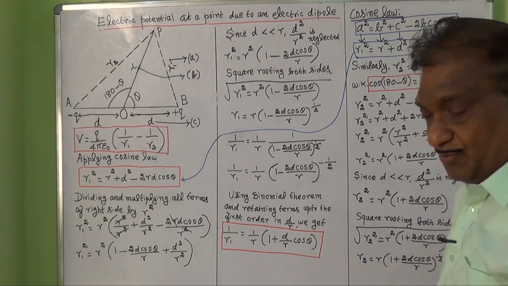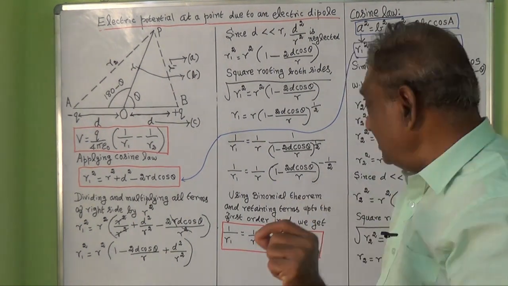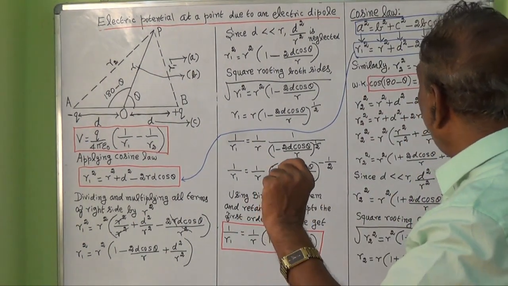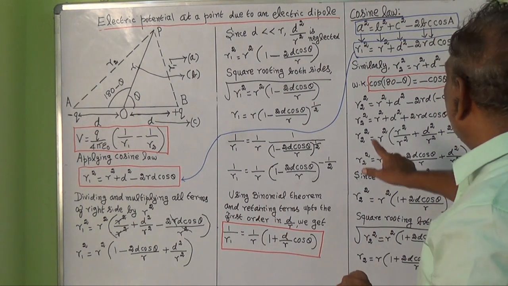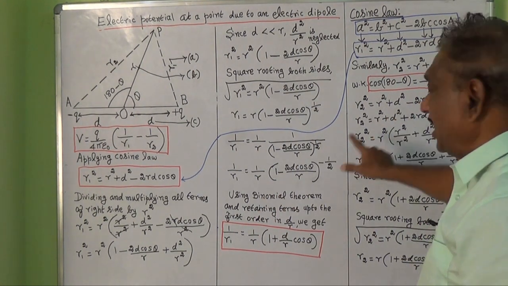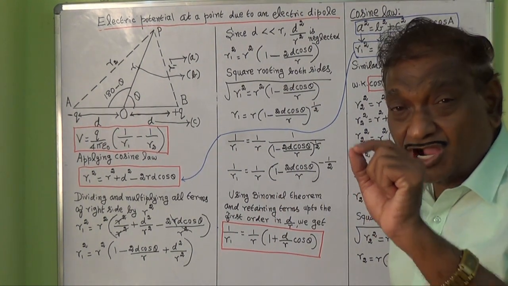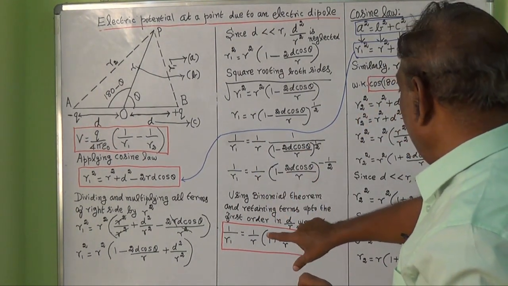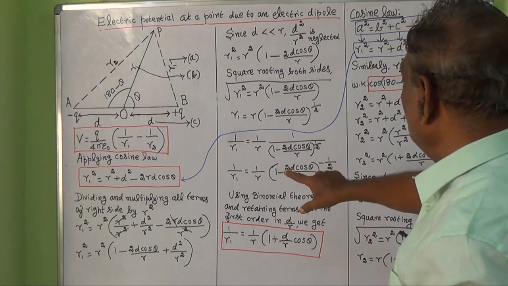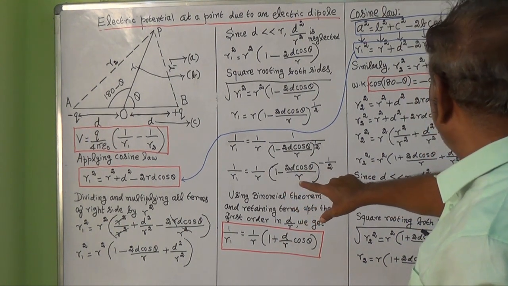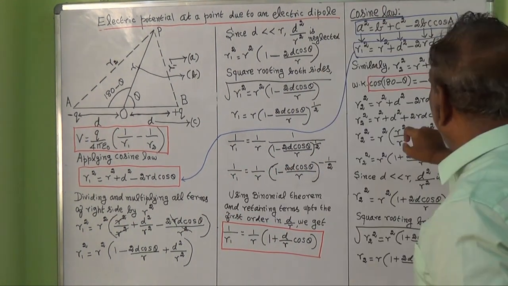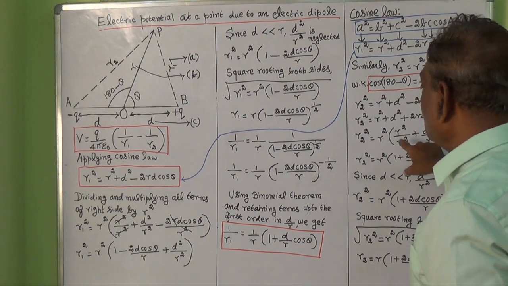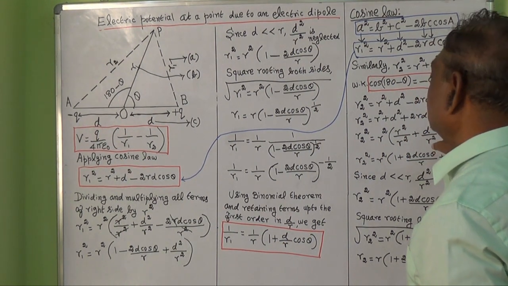Thereby, the equation now becomes R2 square equal to R square plus D square plus 2RD cos theta. Previously, the sign in this place was minus 2RD cos theta. Now we have got plus 2RD cos theta.